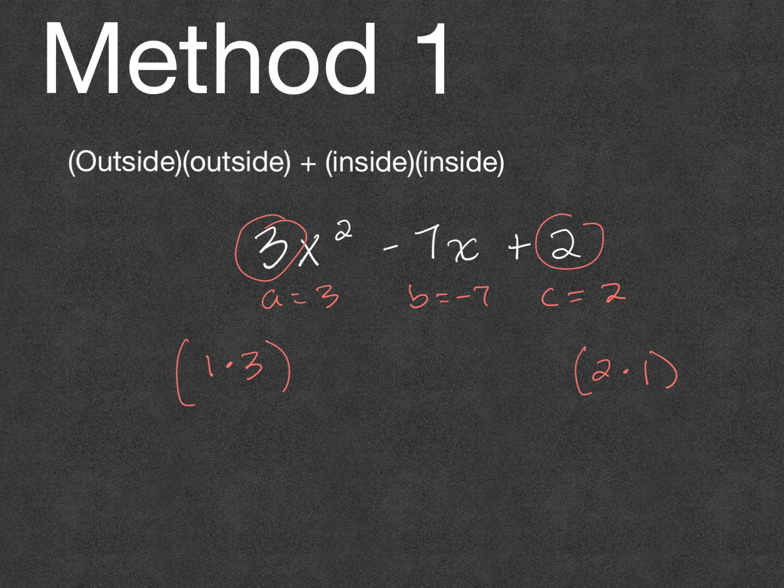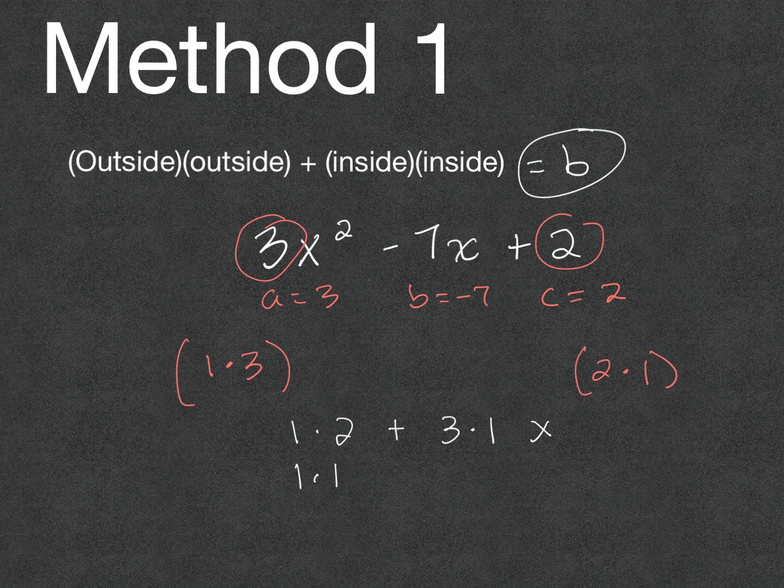Now I want a combination that gives me b. So outside times outside plus inside times inside is equal to b, 7. Is it going to be 1 times 2 plus 3 times 1? No. Is it going to be 1 times 1 plus 2 times 3?